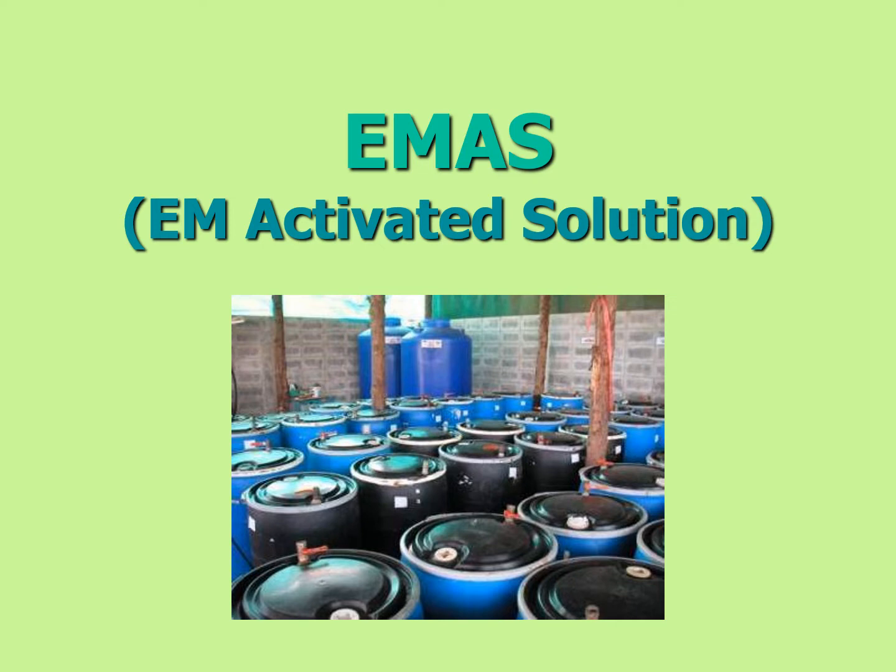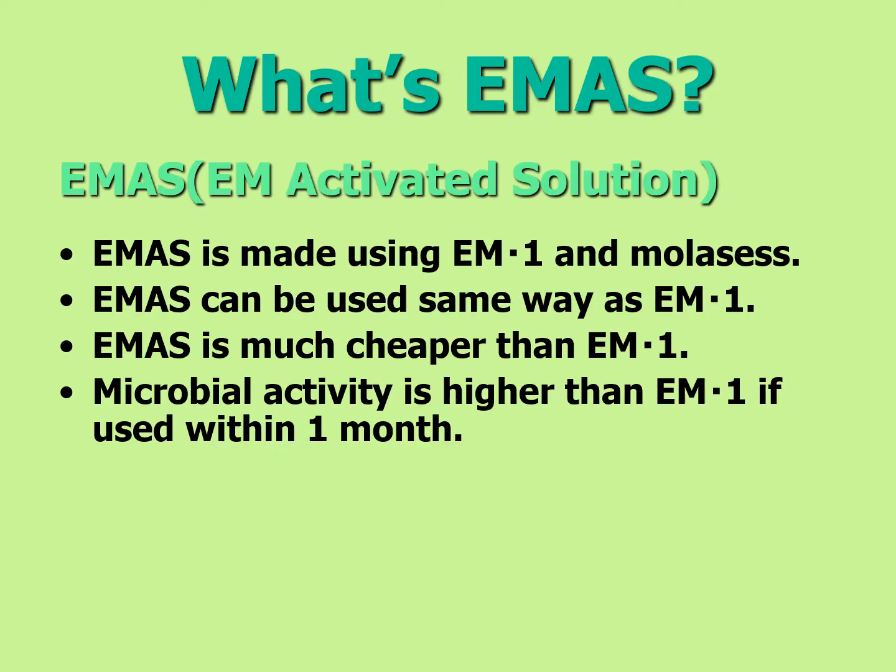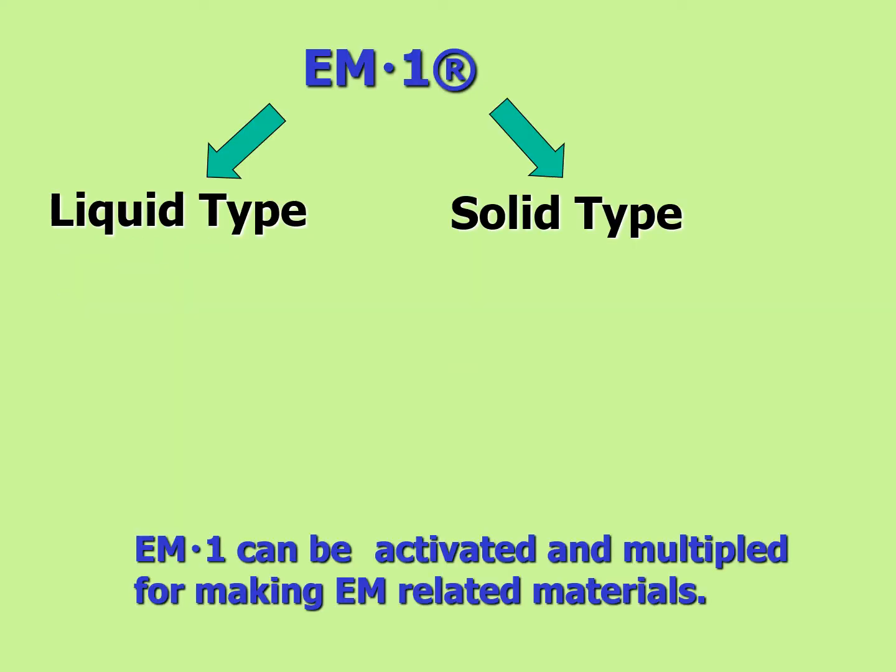EMAS, EM activated solution. What is EMAS? EMAS is made using EM1 and molasses. EMAS can be used in the same way as EM1. EMAS is much cheaper than EM1. Microbial activity is higher than EM1 if used within 1 month. EM1 comes in liquid type and solid type.